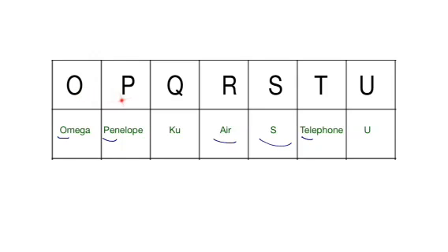O, P, Q, R, S, T, U. So, O in French will be the sound O of omega, O. P is like the P and E of Penelope, P. Q is a kind of K and U, but to pronounce the Q properly, you will need to know how to pronounce the U before.